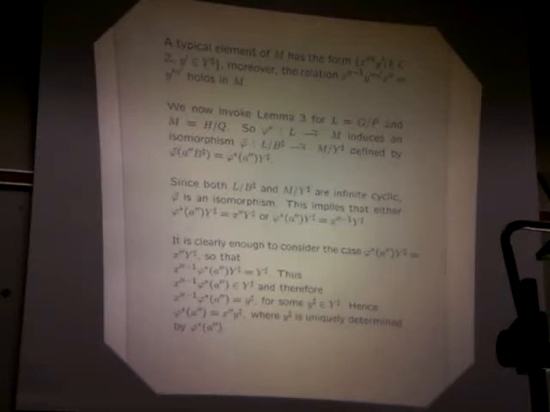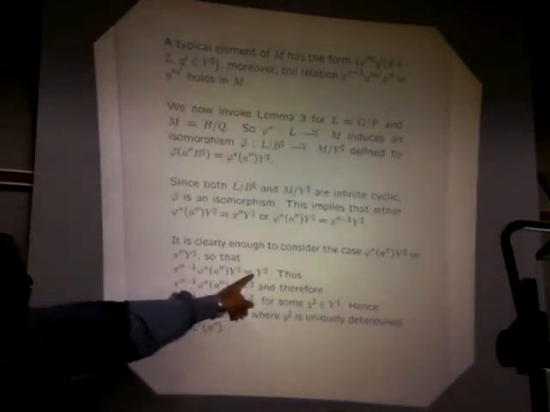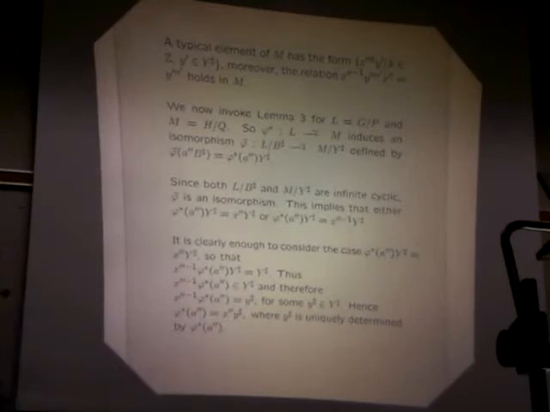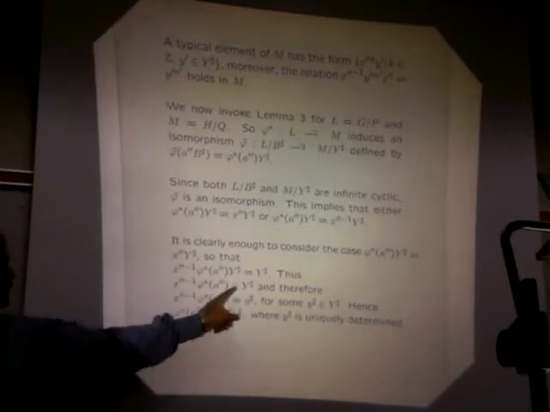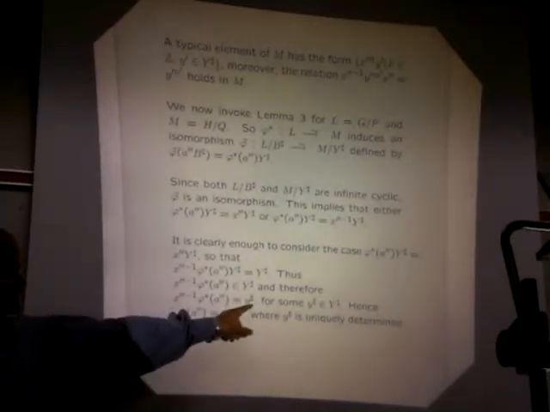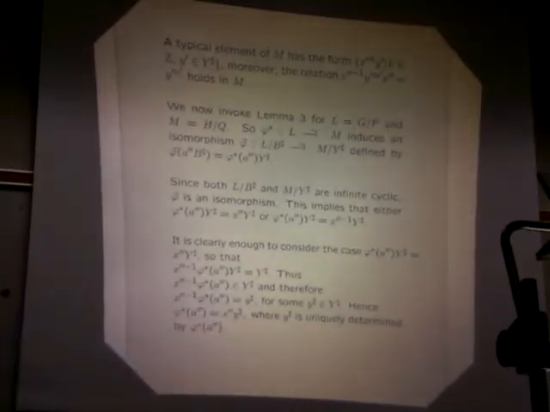So we could just look at the first case, where it takes A double prime to X double prime. It turns out that this element is in Y sharp, which means the small y sharp is an element of Y sharp.